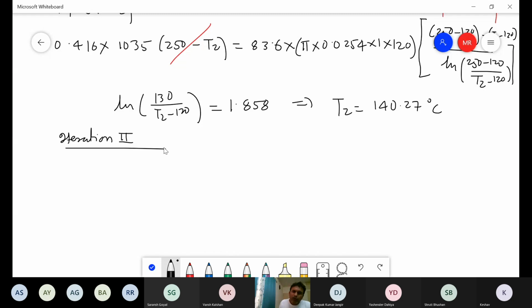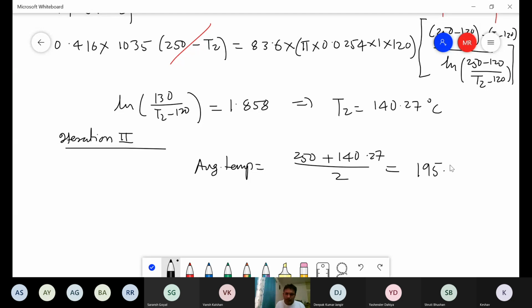So iteration number 2. Now what we have to do is, first find the average temperature. The average temperature in this case is 250 plus 140.27 divided by 2, which comes out to around 195.159.